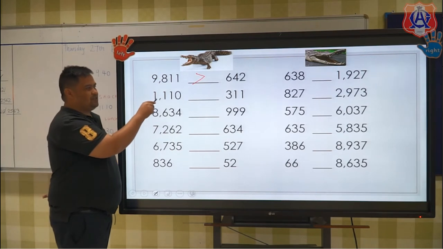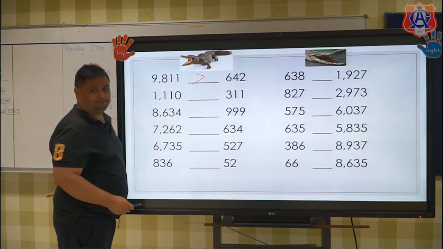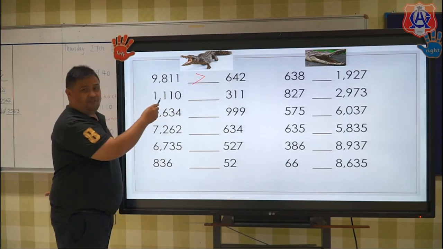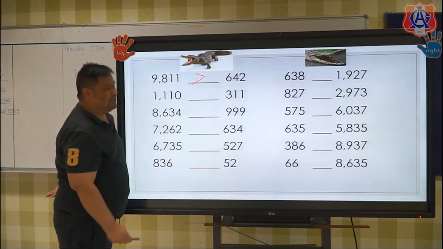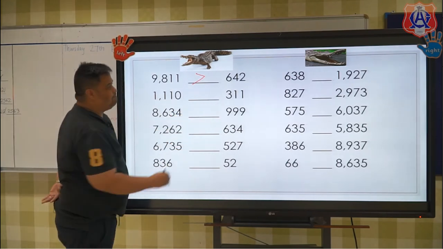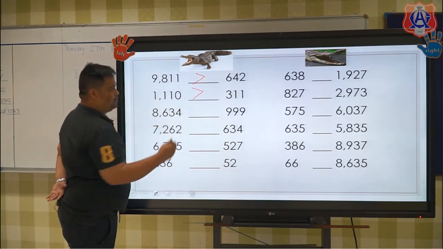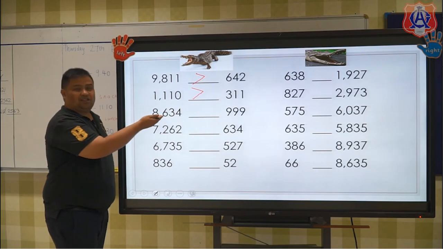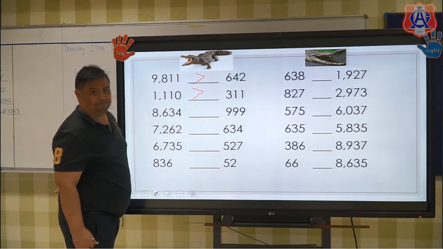Look at these numbers. 1,110 compared to 311. How many digits do we have on the first? You are correct. There are 4 compared to the 3 that we have on the second. So what symbol should we be using? The mouth of the crocodile should be facing the bigger number. 8,634 as compared to 999.